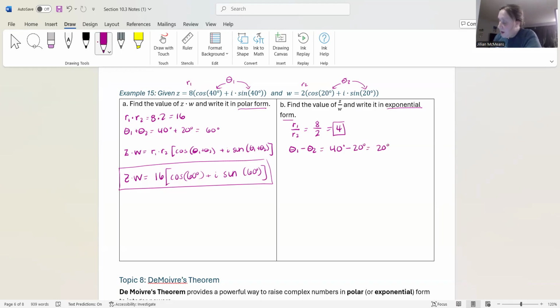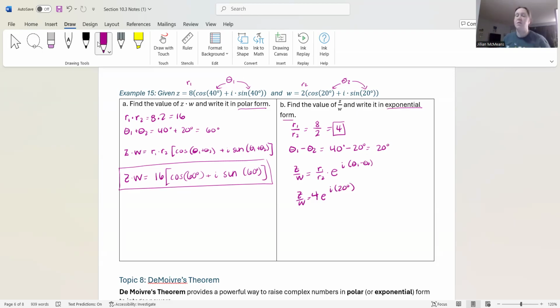And then we are going to go to exponential form, and that's going to be r1 over r2 times e to the i times theta 1 minus theta 2. We've done the side work, so we can just say z over w equals 4 times e to the i times 20 degrees. And don't get too cocky and confident.